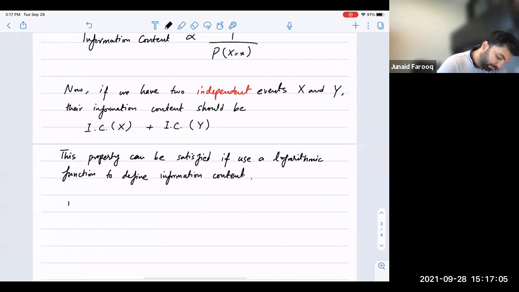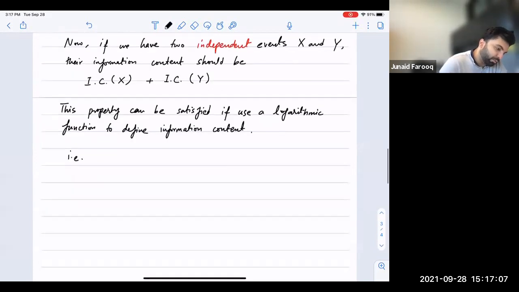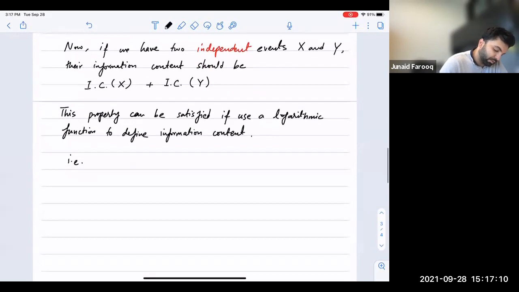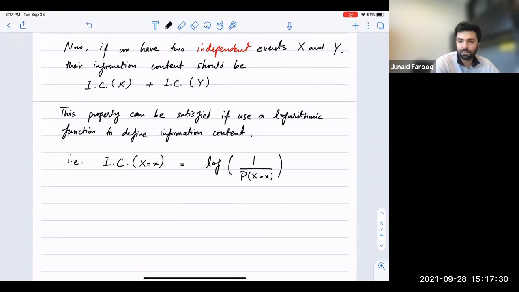So that means if you want to find the information content, you can say that the information content of the event that X equals small x is the log of 1 over the probability that X equals small x. Right, so let's use this definition to define what an information content in a certain event is.